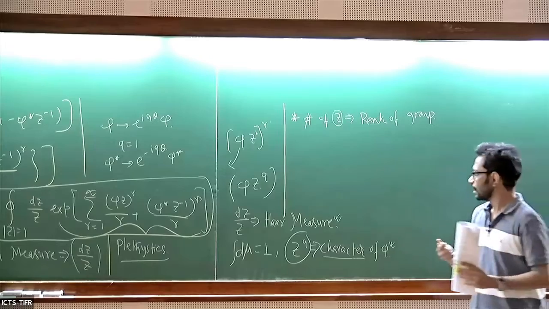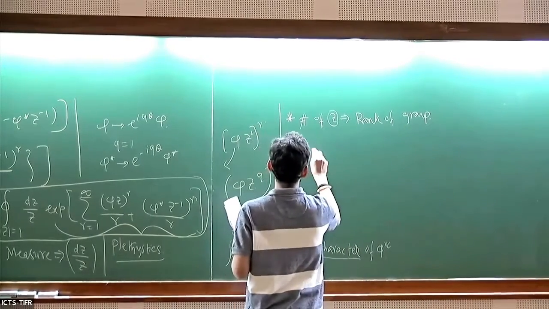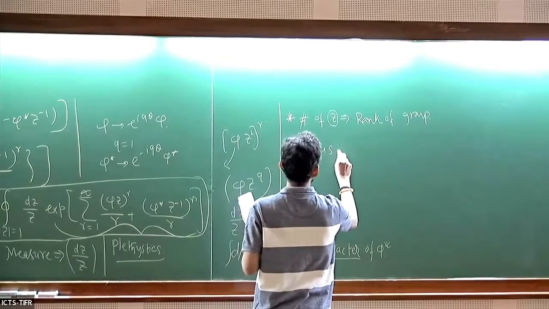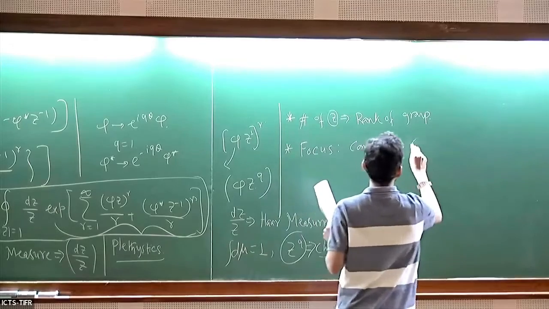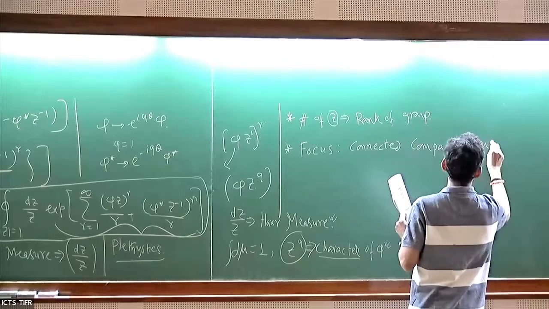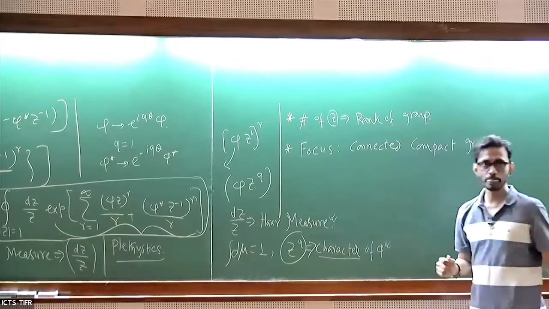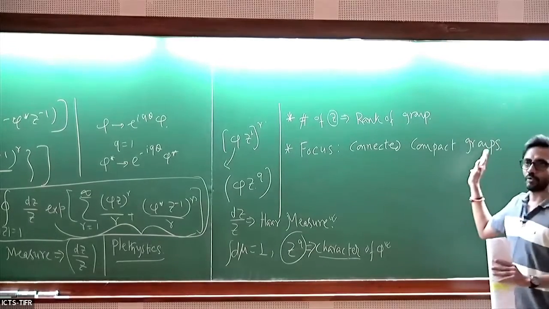So what will be our primary focus? The primary focus will be on connected compact groups. The construction that we'll be talking about will be for the connected compact groups.